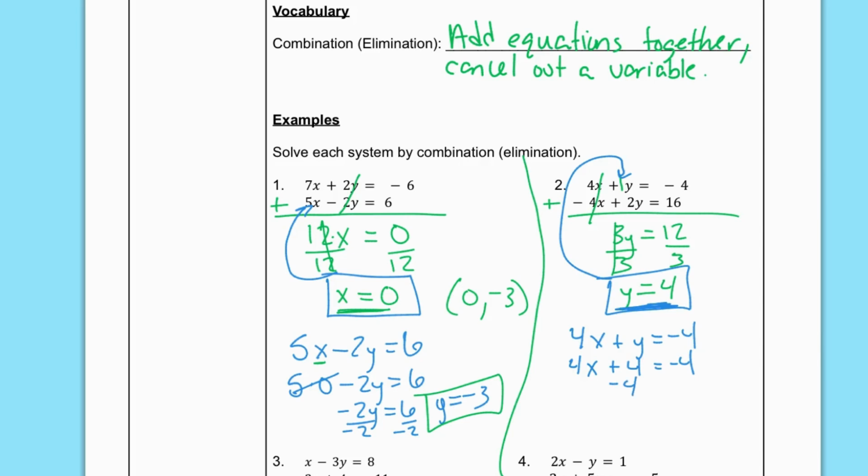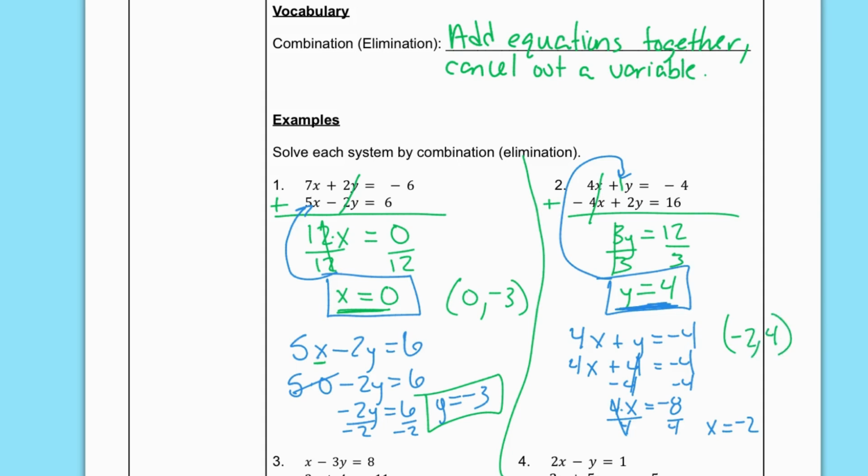So minus 4 from both sides. Our goal is to get that x by itself. Negative 4 and negative 4 make negative 8. Careful with your integer rules there. Use a calculator if you need to. And then the opposite of multiplying by 4 is to divide by 4. And we get x equals negative 8 divided by 4, which is negative 2. So then our answer to this system is going to be x is negative 2, y is 4.